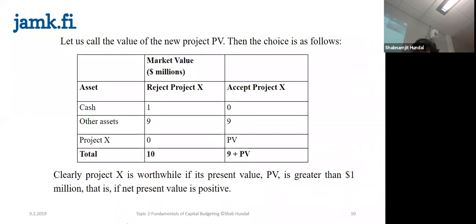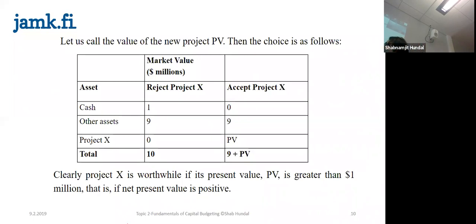If the company buys this machine, the cash would be 0 because you are investing. But at the same time, there will not be any additional increase in the other assets; they will remain the same.